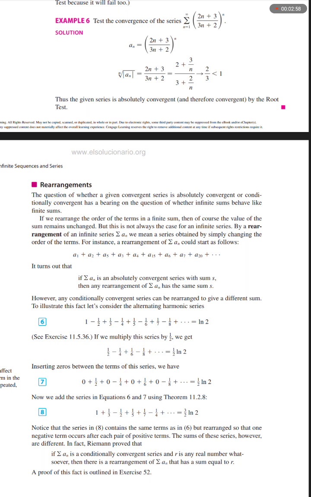However, any conditionally convergent series can be rearranged to give a different sum. To illustrate this fact, let's consider the alternating harmonic series.